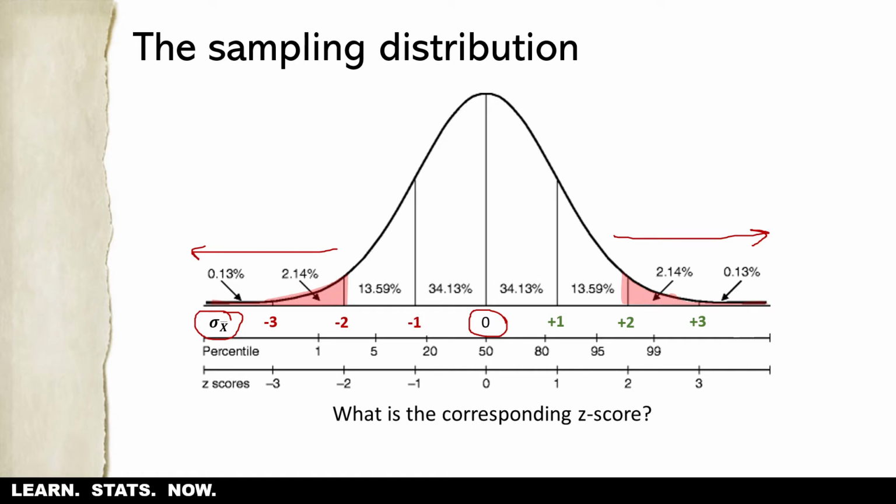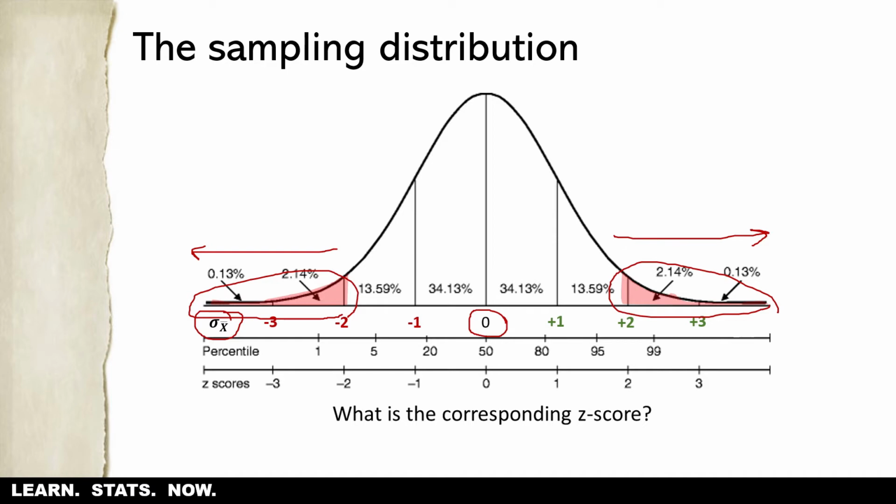Okay, so the question really is, look, if we want it to be just a 5% chance that we are observing the result due to sampling error, then we have to identify the amount of area under the curve on both sides of this distribution that corresponds to a total of 5%, or 0.05.